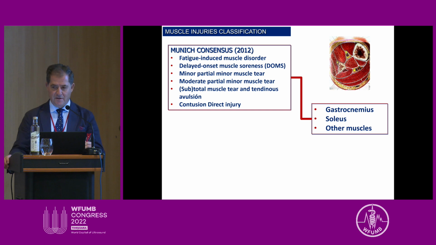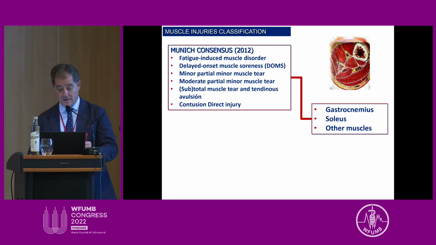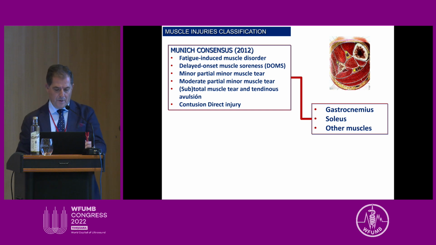There is another classification, but using the MRI. So that classification has its focus on the MRI, but in the Munich consensus, the classification can be used with the ultrasound examination.